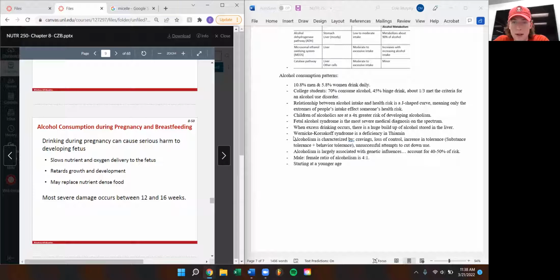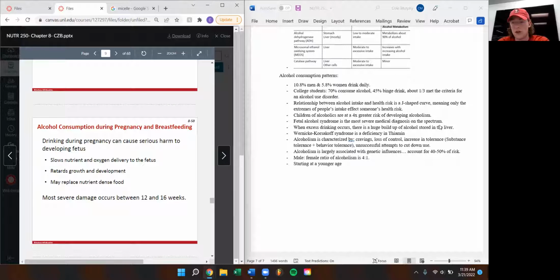Another connection: when excess drinking occurs, there's a huge buildup of alcohol stored in the liver. As we talked about, people with alcoholism are going to have liver problems, and some vitamins are stored in the liver.